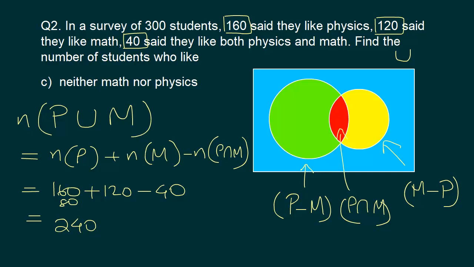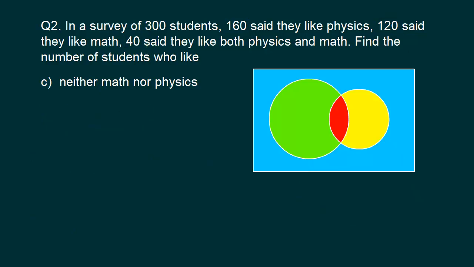So actually let's write it over here. Let's clean this up a little bit. So the set physics union math, this represents students who like physics or math.